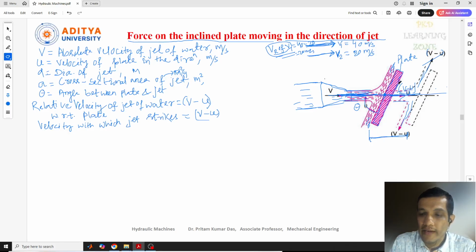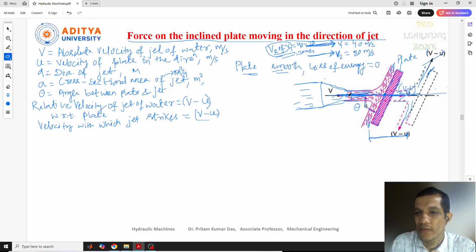Now, when the plate is smooth, we can say that the loss of energy due to the impact of the jet on the plate is equal to zero, because of what velocity was struck here? v minus u.